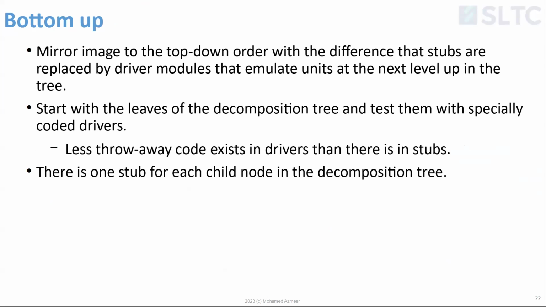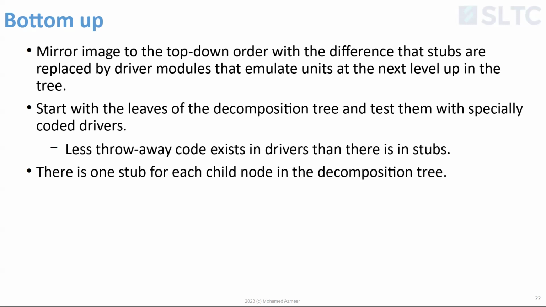Start with the leaves, that is, start with the bottom of the decomposition tree, like we did now, and then test them with specially coded drivers. I think that's what I did now. I was testing the bottom sections and then seeing whether they are working.